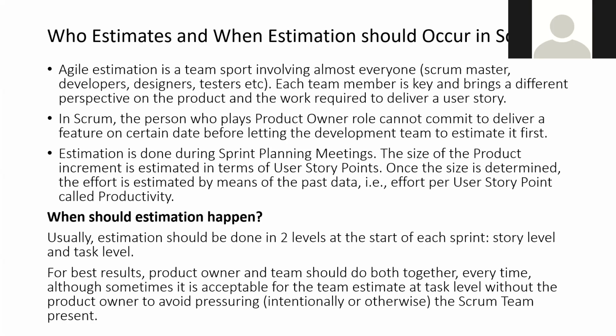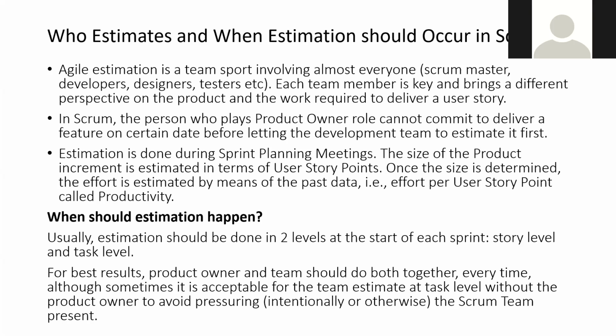We know that our customers are always looking at how soon can you deliver, we want this thing now, we want this thing now. But doing a proper estimation gives the development team and the team as a whole an idea of how much work will be required to get those things done.